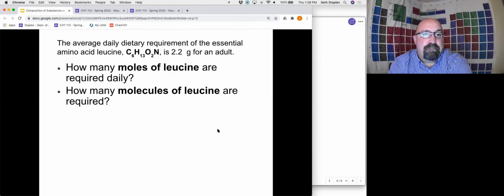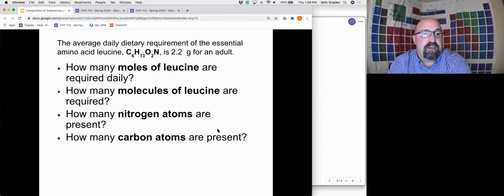And then figure out how many molecules of leucine that actually equates to. And then figure out how many nitrogen atoms are present in that amount. See if you can do those calculations. And then finally, how many carbon atoms. So see if you can do those. Calculate those on your own. If you want, go ahead and send me what you think the answers are, and I can tell you if you're right.